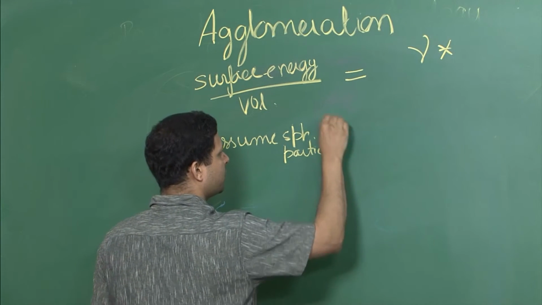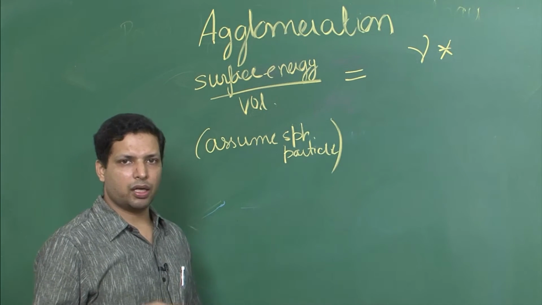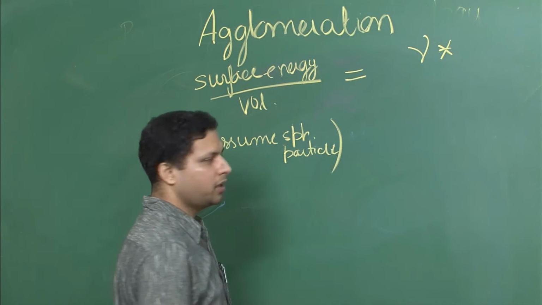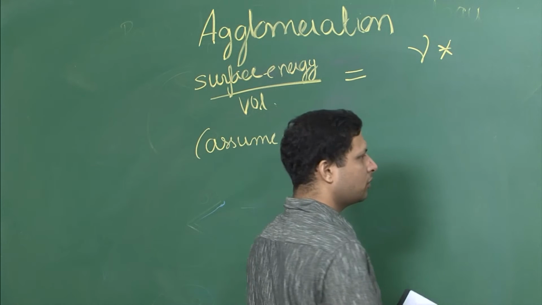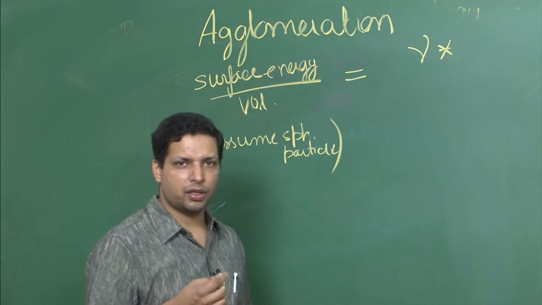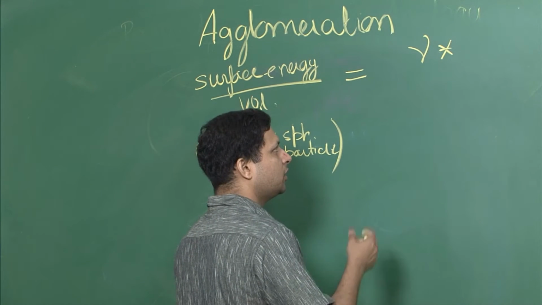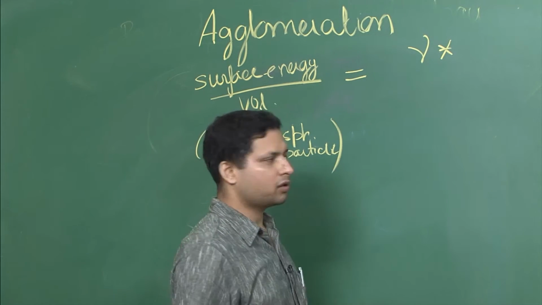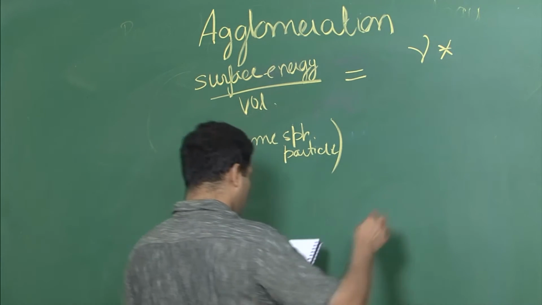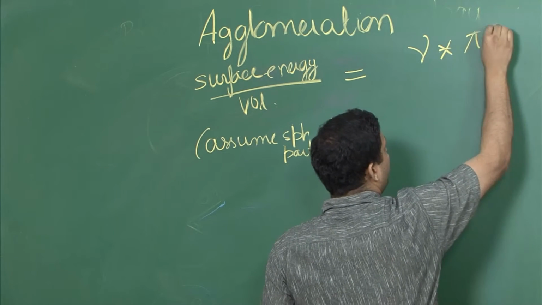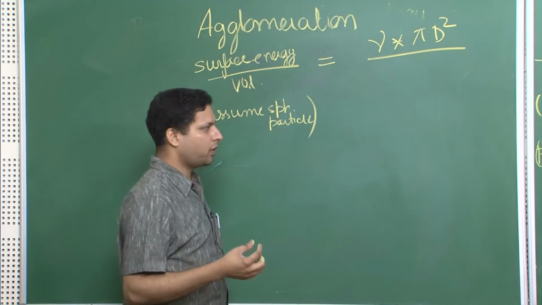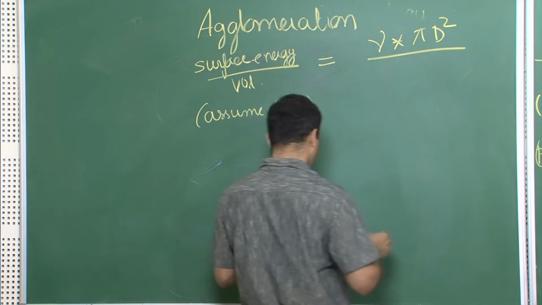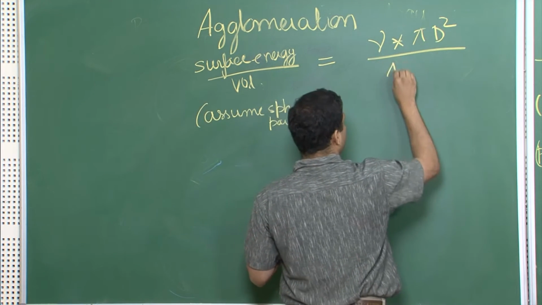You can do a similar exercise for, let us say, a cubical particle and find out how the surface energy per unit volume relates to the given length, if L is the length of the cube. In a sphere, d is the characteristic length. So, the total surface energy for a sphere of particle size d will be gamma pi d square, and the volume is pi d cube by 6.